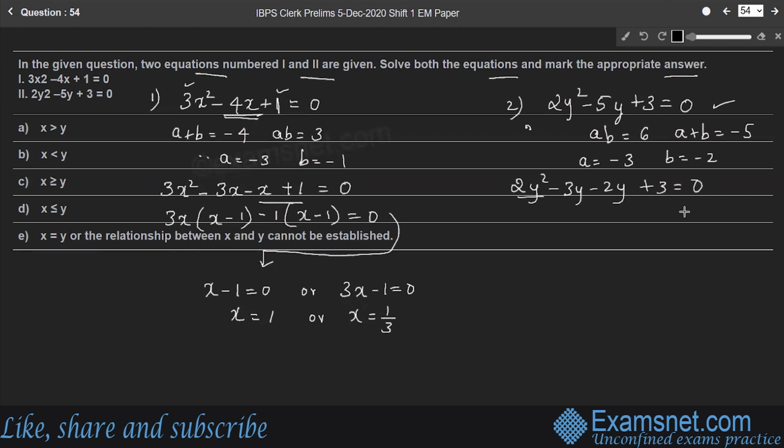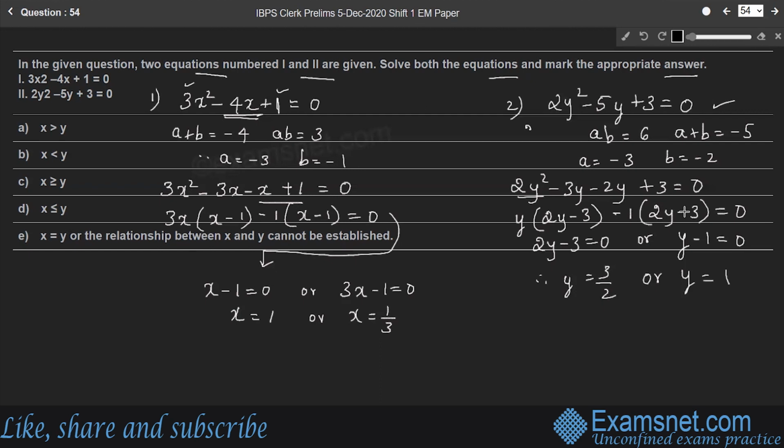So here, y is common, so y into 2y minus 3. Here minus 1 is common, so minus 1 into 2y minus 3. So 2y minus 3 is equal to 0 or y minus 1 is equal to 0. Therefore, y becomes 3 by 2 or y is equal to 1.